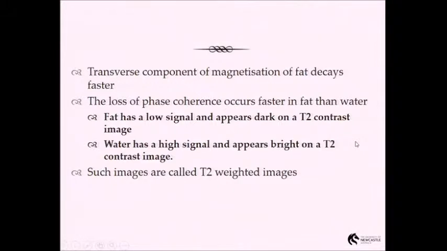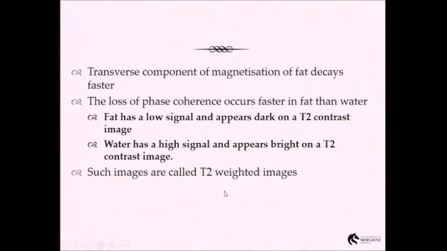So the transverse component of magnetisation of fat decays faster, it's the loss of phase coherence. Now it says here that fat has a low signal on T2, so it's not truly black, it's just less intense than the water signal. So the water signal has a high signal and appears bright on T2.